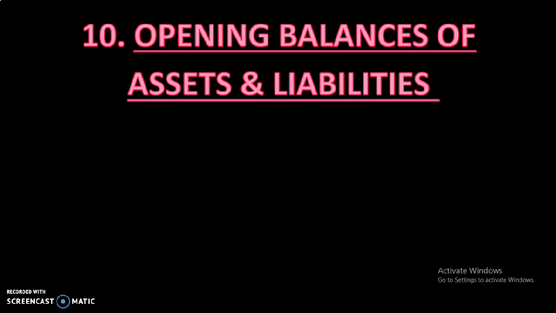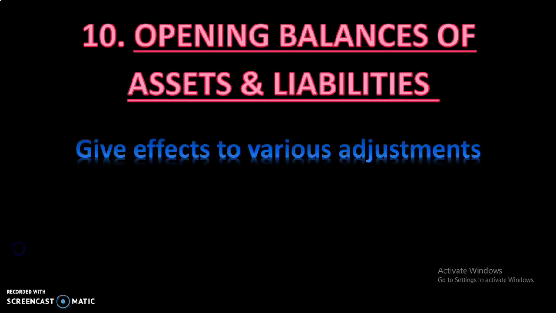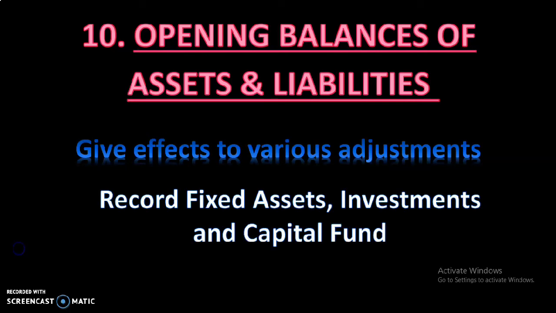Then in such case, these opening balances of assets and liabilities, we would use them to give effects to various adjustments like outstanding expenses, outstanding incomes, prepaid expenses, pre-received incomes, etc. Or at times, these balances would be simply used to record them as fixed assets, investments, capital fund, etc. in the balance sheet of our solution.